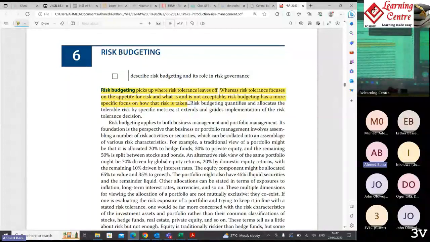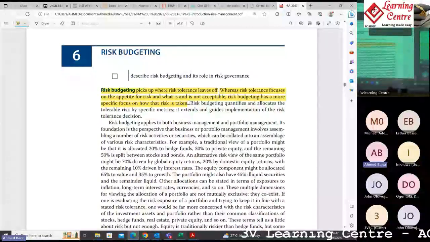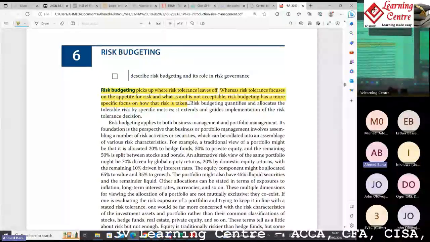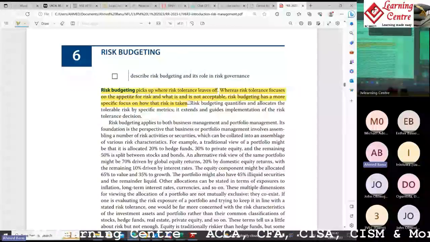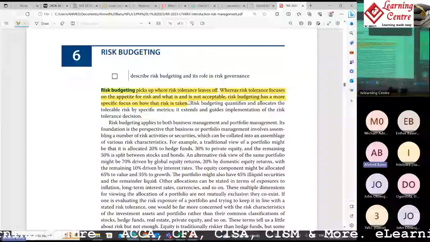So we have determined the overall risk for the business, which is risk tolerance. Now, risk budgeting talks about how we allocate that risk across our different business activities so that it would not impact our risk tolerance. That's, in a nutshell, what risk budgeting is about.